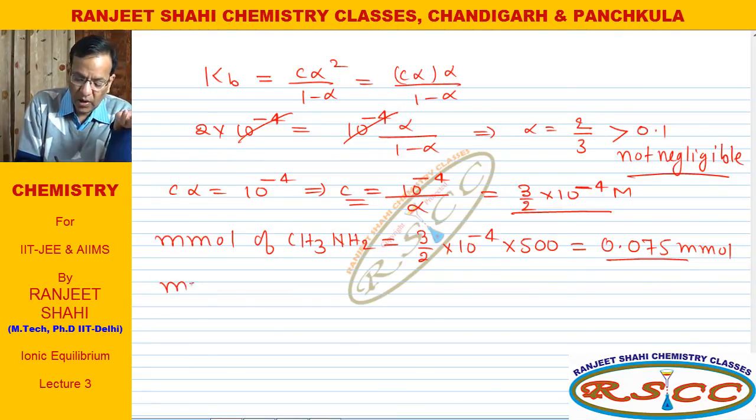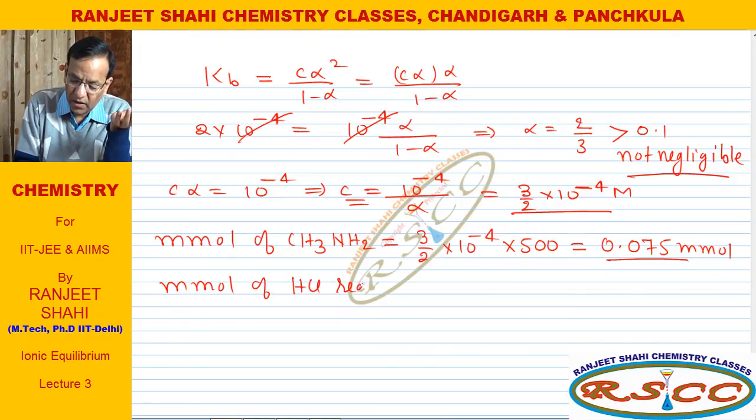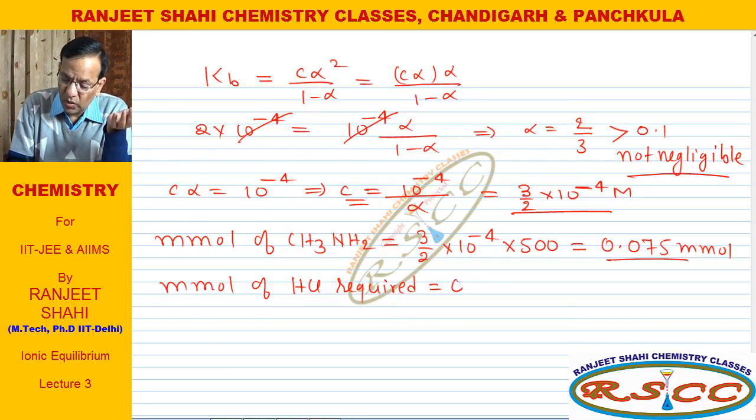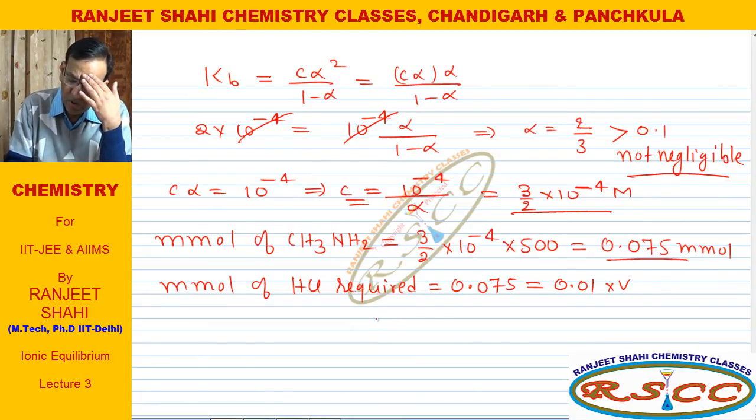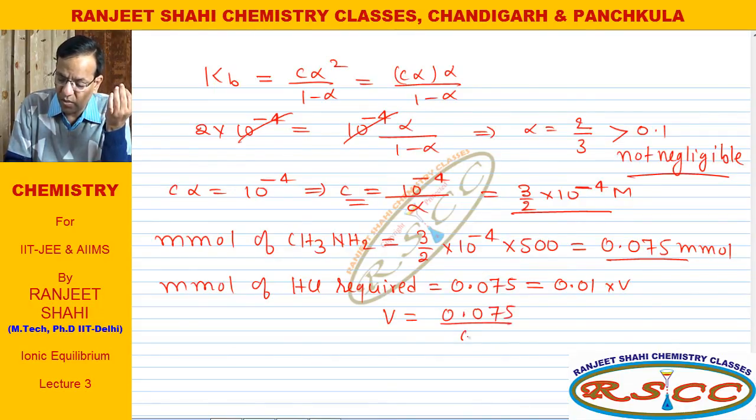So millimole of HCl required will be equal to 0.075, and that will be equal to its molarity 0.01 into volume. So if we solve for V, it will be 0.075 divided by 0.01. So it is 7.5 milliliter.